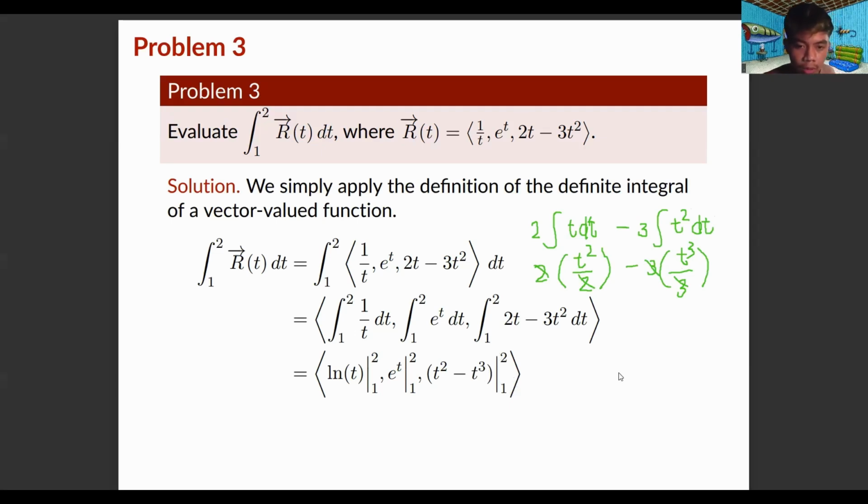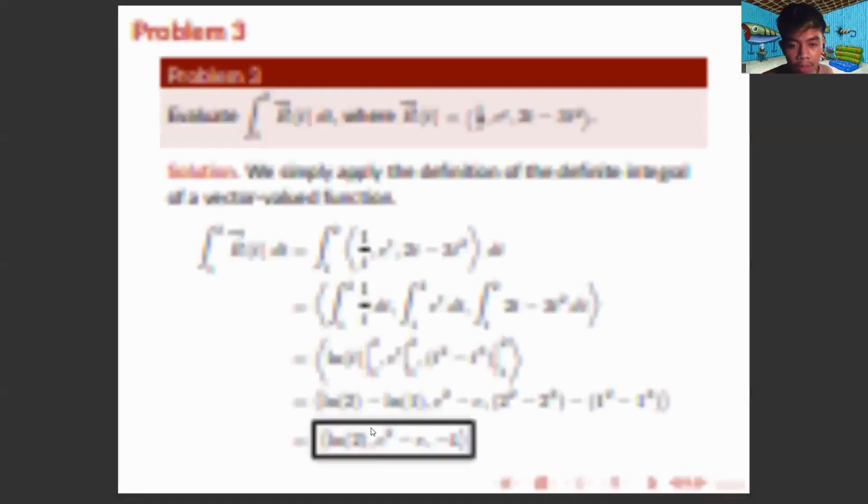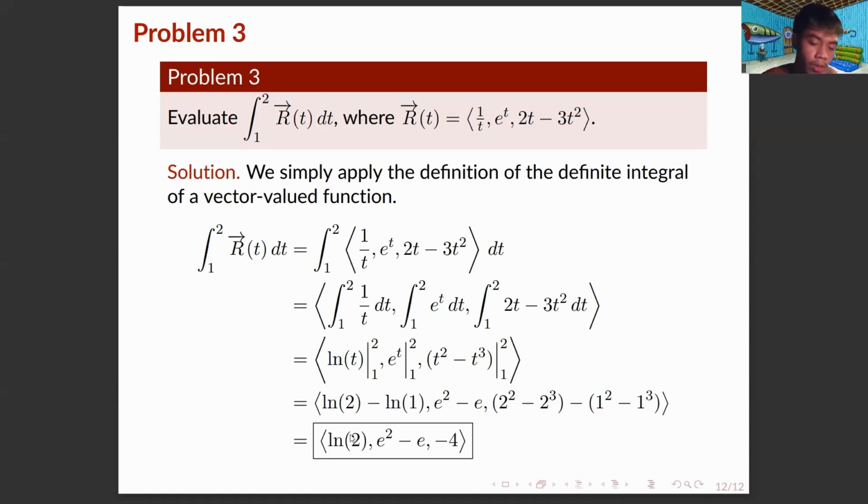Okay, and then we have natural log of 2 minus natural log of 1. We have e squared minus e. And then we have 2 squared minus 2 cubed minus the quantity 1 squared minus 1 cubed. For the first component, the natural log of 1 is equal to 0. So therefore, we have natural log of 2 only.